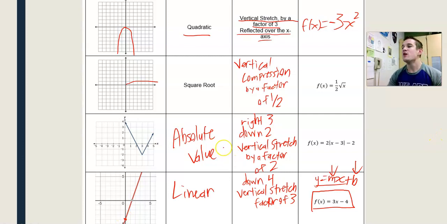I also have a vertical stretch on this, so it's going to change how steep my line is, or how steep the slope is. So the vertical stretch is basically another definition of what the slope of this line is. So saying down 4 with a vertical stretch factor of 3 is another way of saying a y-intercept of -4 and a slope of 3. So kind of making connections here.